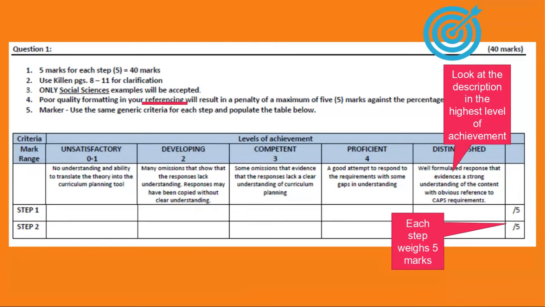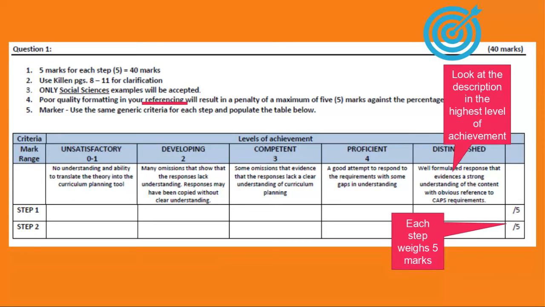the instructions should be well formulated that evidence a strong understanding of the content with obvious reference to CAPS requirements. So each of these steps should be reference to the CAPS document, and you should use the correct referencing format.